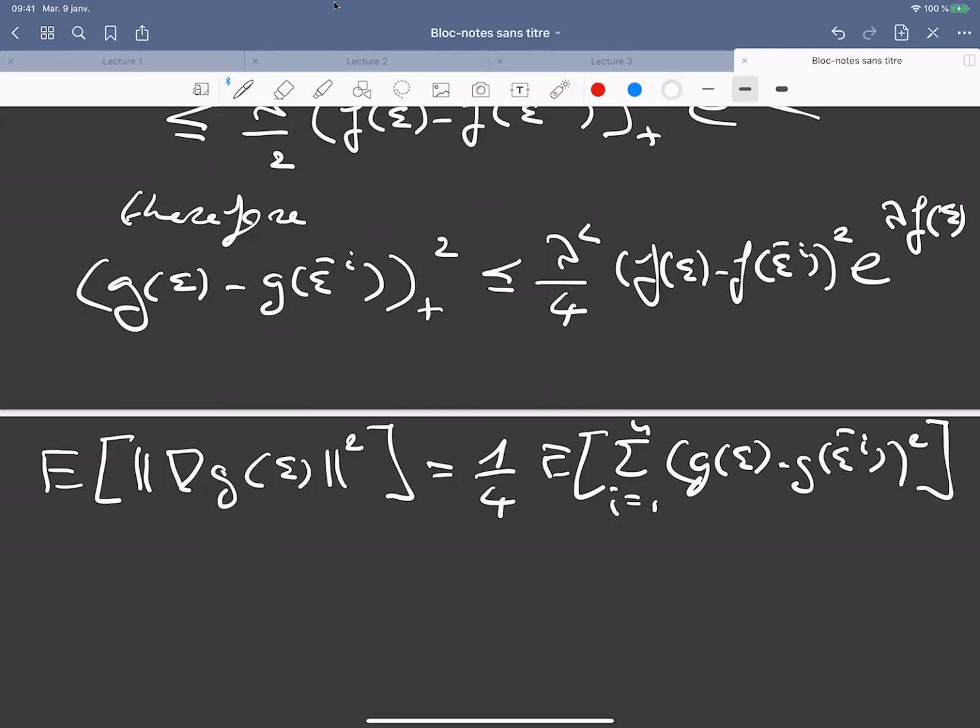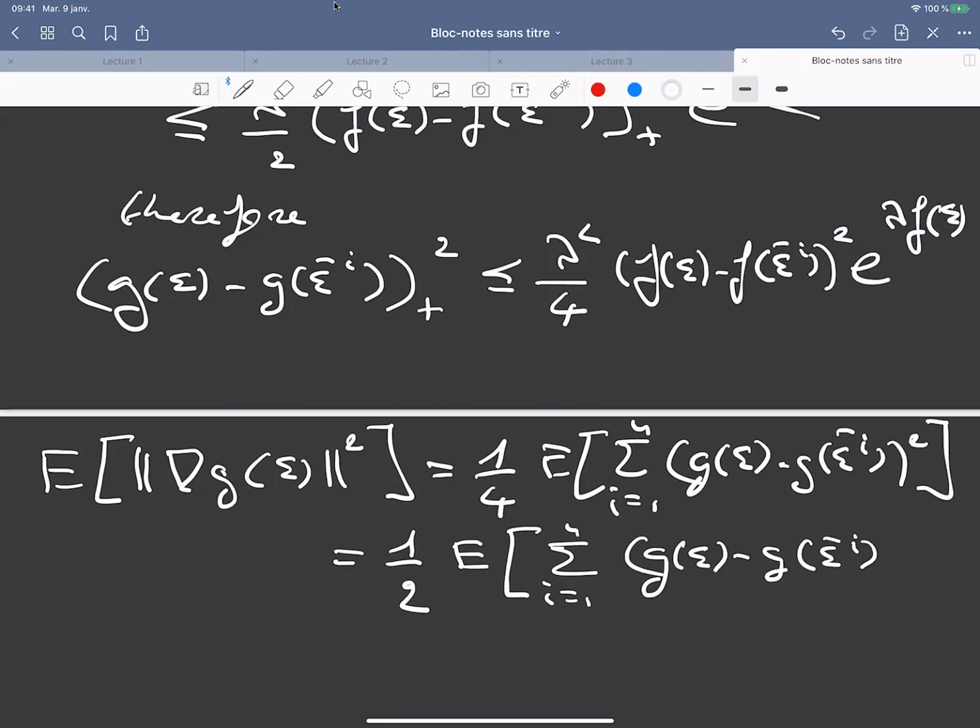But of course, by symmetry, this is also 1/2 the expectation of the same quantity, but you can put here the positive part, square.